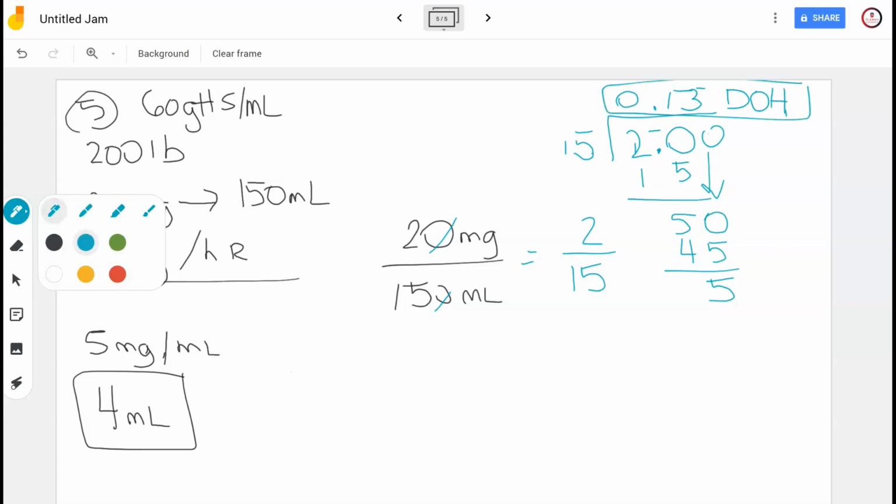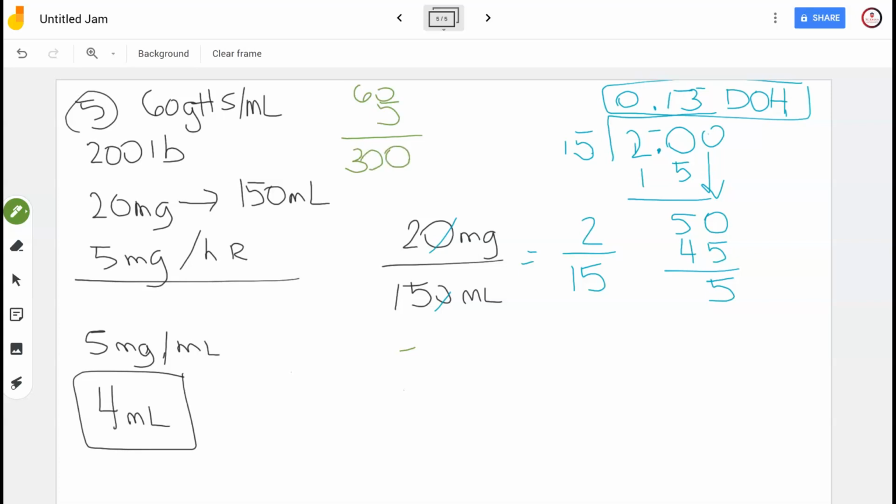So, your desired dose is 5 milligrams an hour, so if you do 5 times 60 to get how much per minute, it's 300, nope, just kidding. Did that backwards. You have to divide by 60.